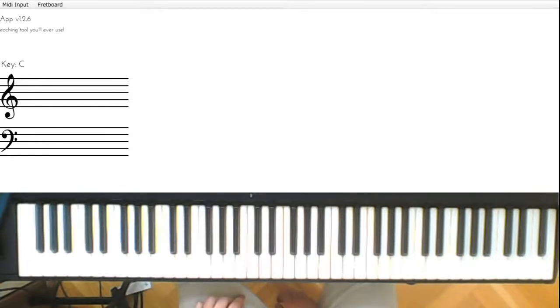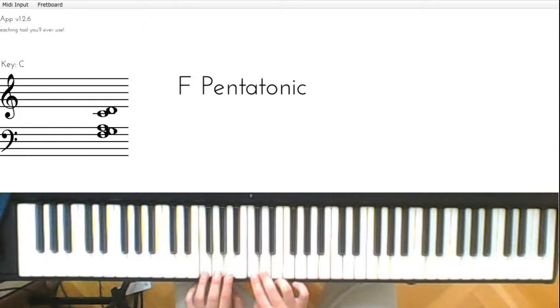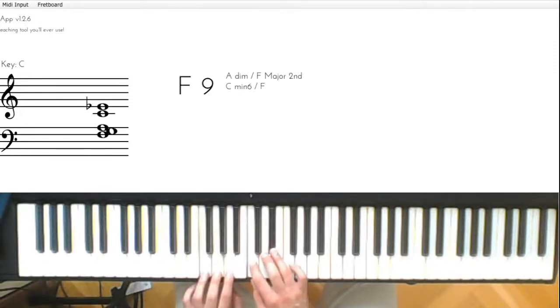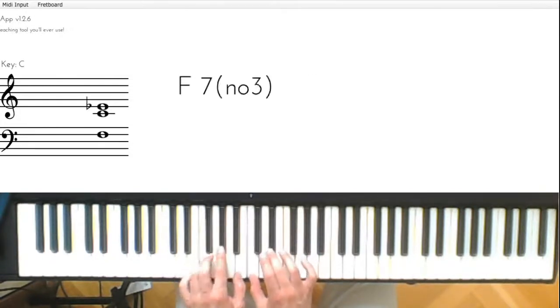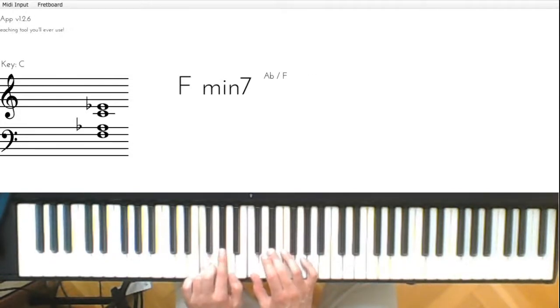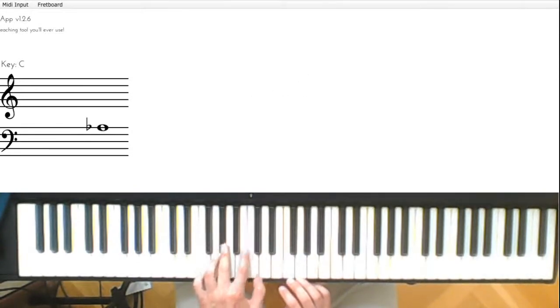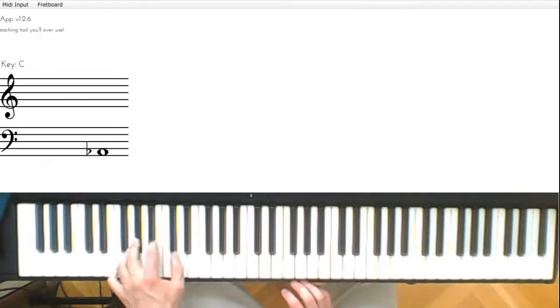Good. Now we change again our scale, so it was F major pentatonic, then something like this blues scale, not really, but you know what I mean. Now we have F minor 7th. Oh, it's difficult.